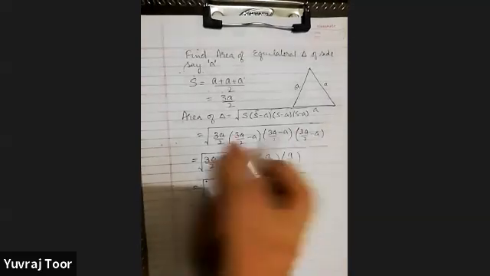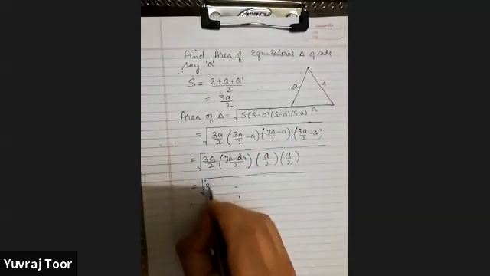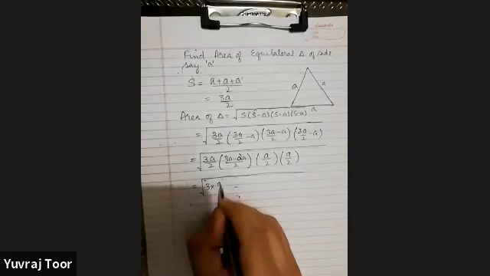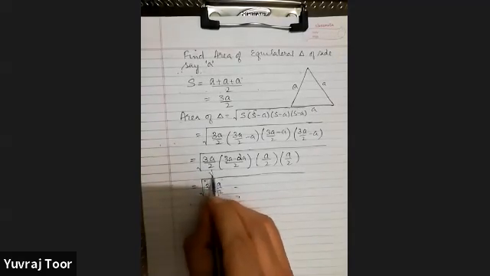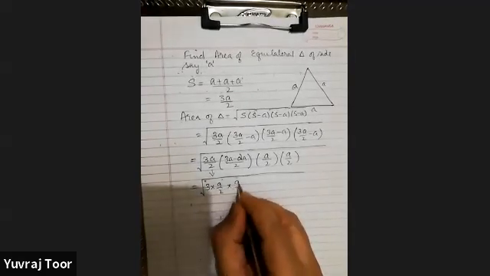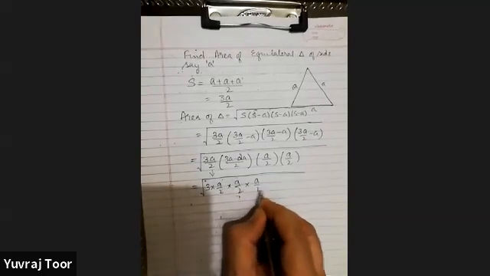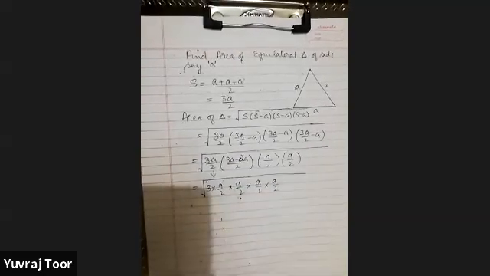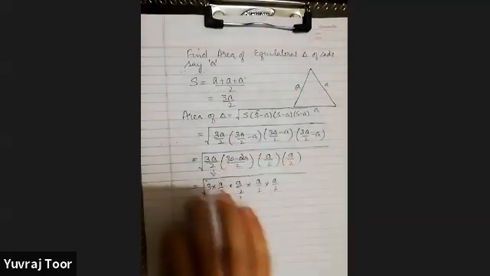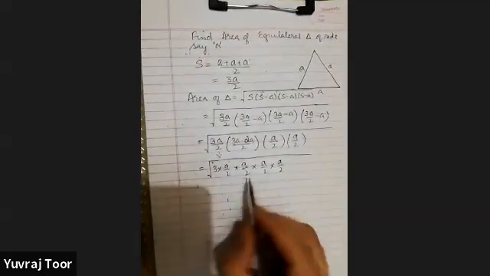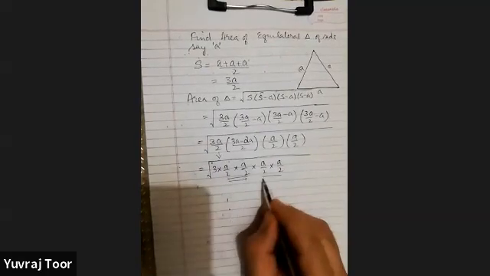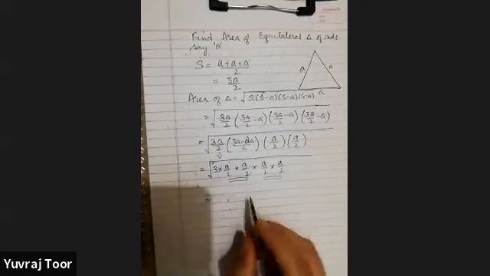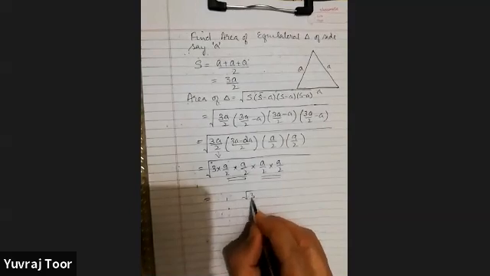I'll be using this tool of square root, but I have to be very careful. This is 3 into A by 2. This first term I'm writing like this, then again A by 2, A by 2 and A by 2. What this square root indicates is to take out the pairs. 3 cannot come out, so it will stay in.